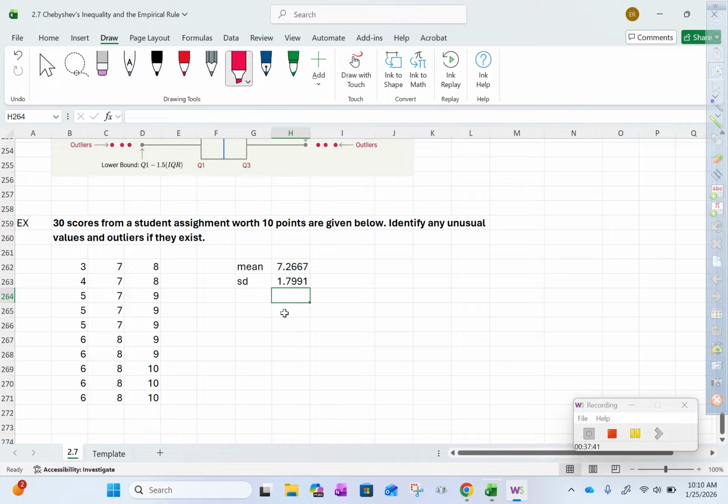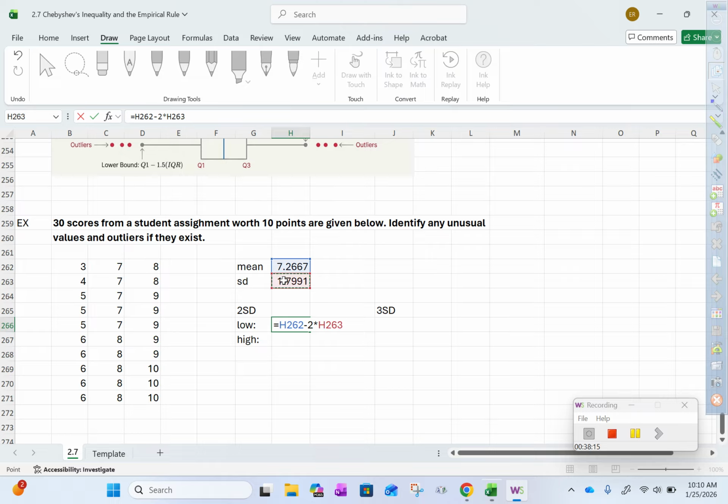So we have this. We need to figure out what our upper and lower bounds are for 2 standard deviations and what they would look like for 3 standard deviations. Okay, so just like we did up above when we were calculating those proportions of values between, we're going to set up the low and the high. So the first one, we want to take the mean and subtract 2 standard deviations, so 2 times that. And then the high, we're going to take the mean and add 2 standard deviations, so 2 times.